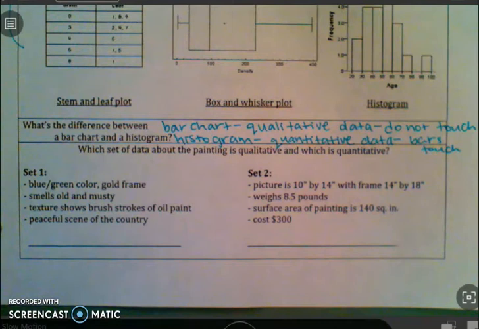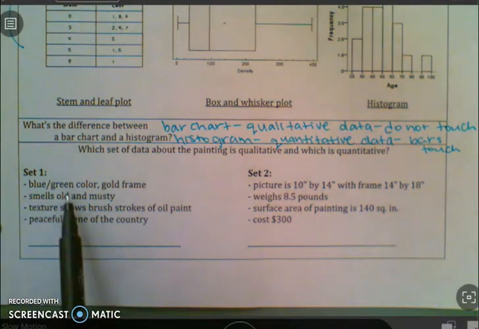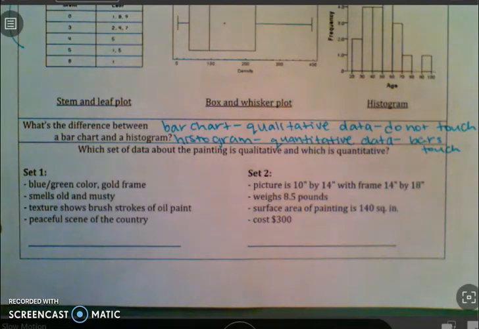So which set of data about a painting is qualitative and which is quantitative? Set number one: blue-green color, gold frame, smells old and musty, textures show brush strokes of oil paint, and it's a peaceful scene of the country. So does that deal with numbers or does that deal with describing it?